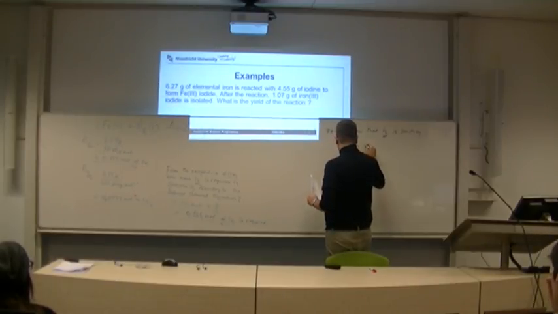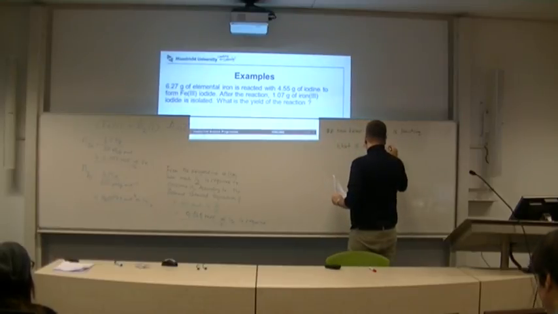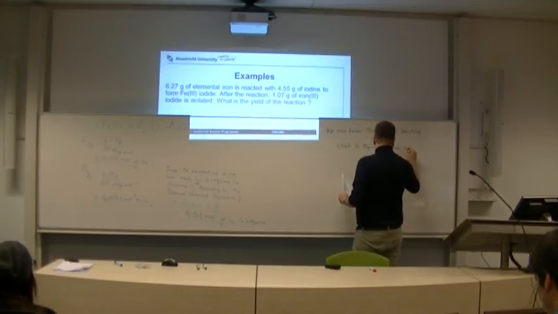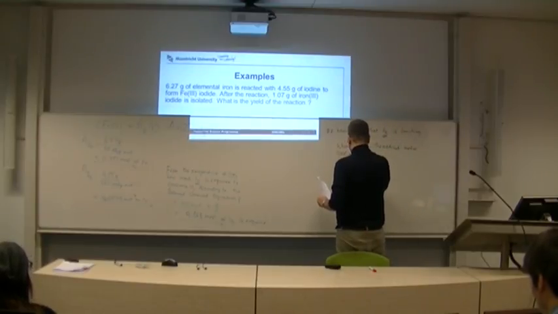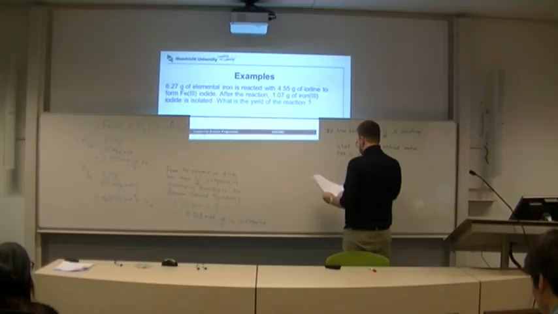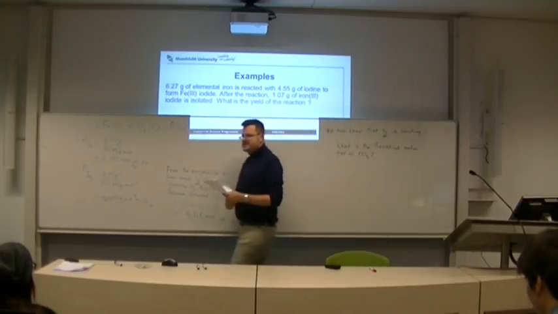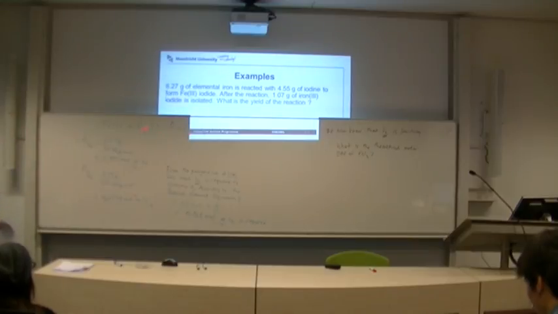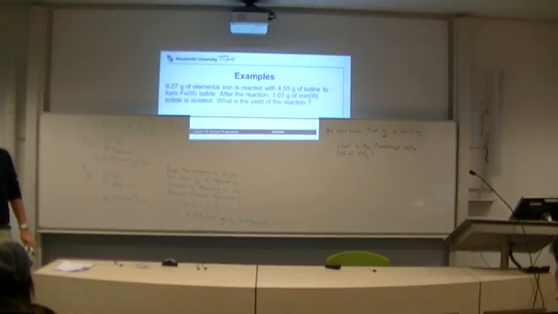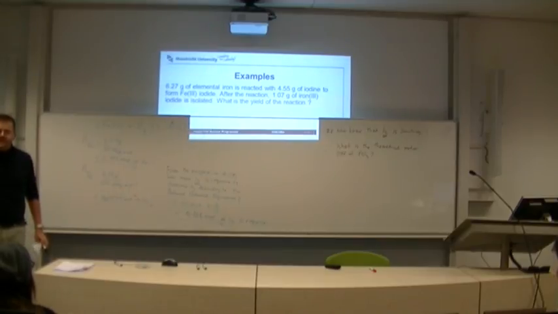What is the theoretical molar yield of FeI3? That's a question. What is it? We figured out that iodine is limiting, so what is the maximum amount of iron iodide that I can get out of this reaction under these conditions? What is the maximum amount? Maximum. Theoretical.